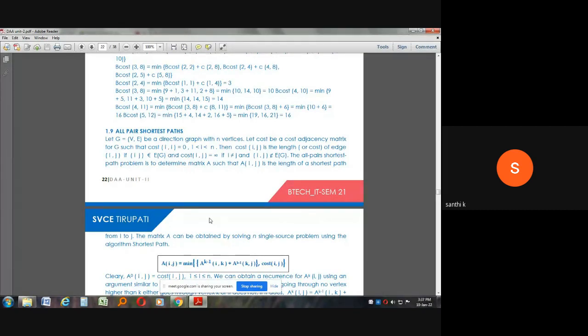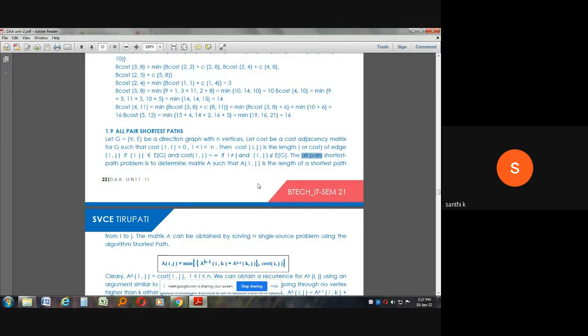For each edge, we will be given some value which we consider as the cost of that edge. Now we are going to find the shortest path between every pair of vertices. Between every pair of vertices, what is the shortest path? So we will call it all pairs shortest path.